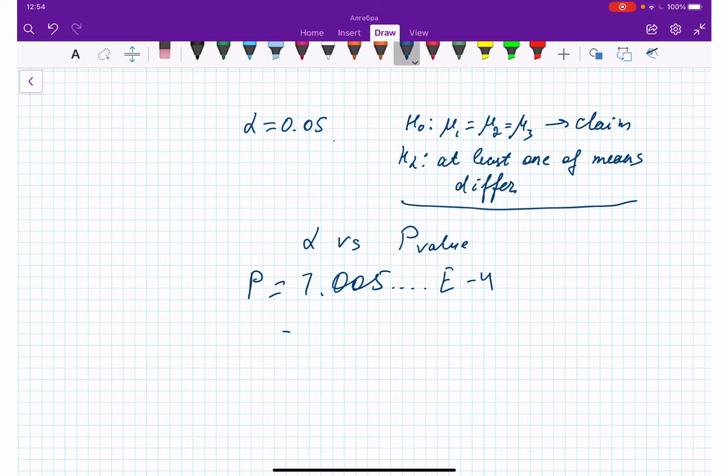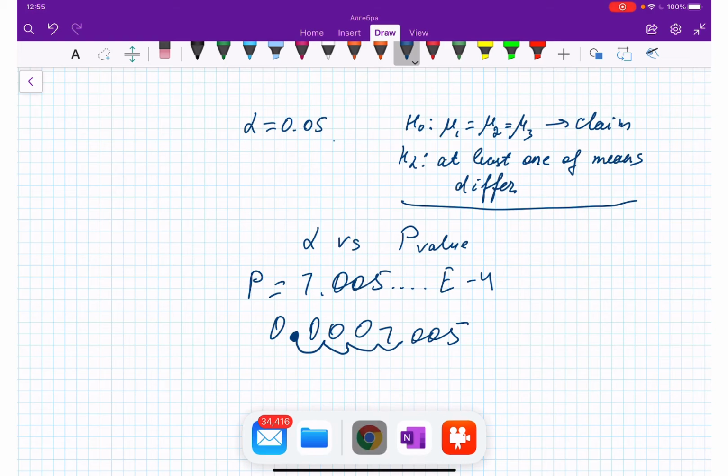Which means, so 7.005, from 7 I'm going to the left by 4 units, which is 1, 2, 3, 4. This is going to be our decimal notation. We'll move here 1, 2, 3 and till 7. So how many decimal places do we need?